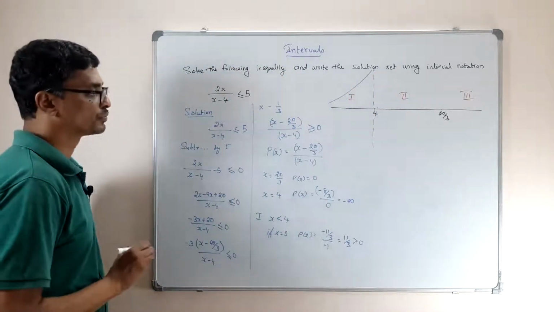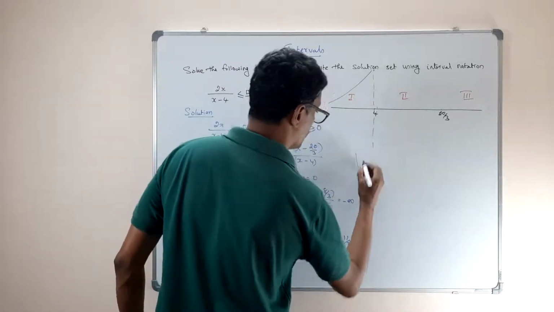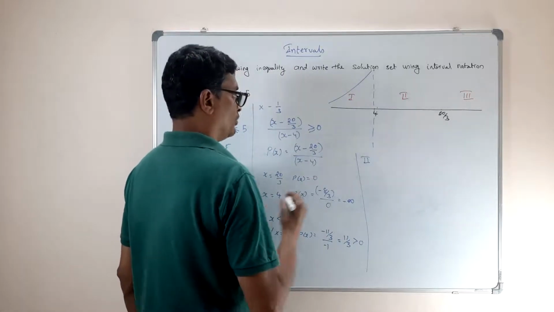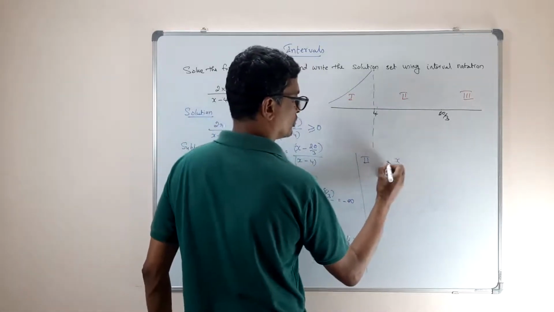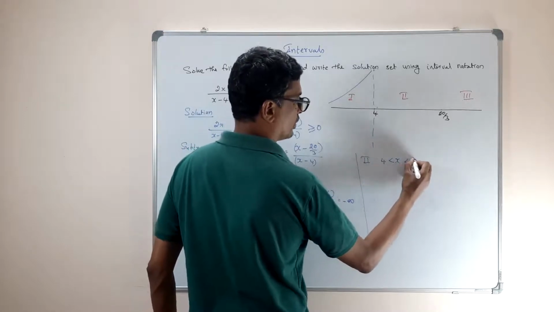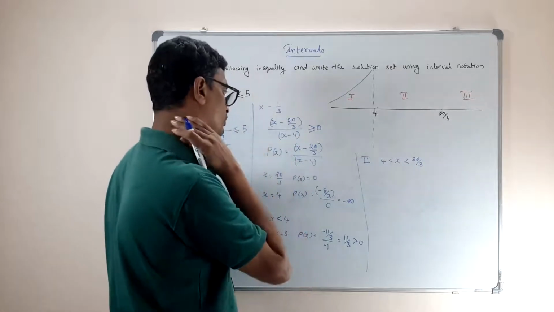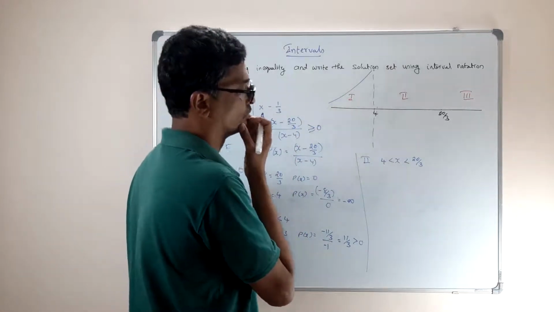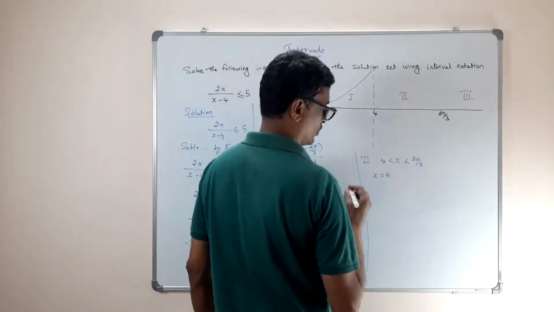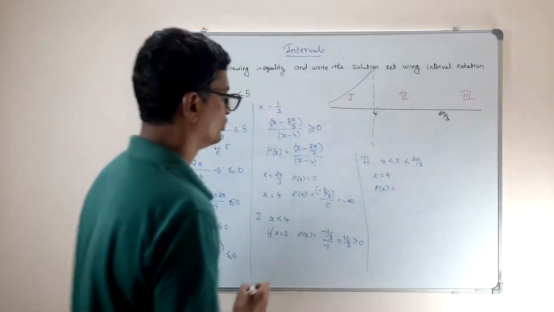Okay. Now let us go for the region number 2. What is the region number 2? Tell me. X is greater than 4 and less than 20 by 3. So we take 5. So P of x will be equal to 15 minus 20 by 3.